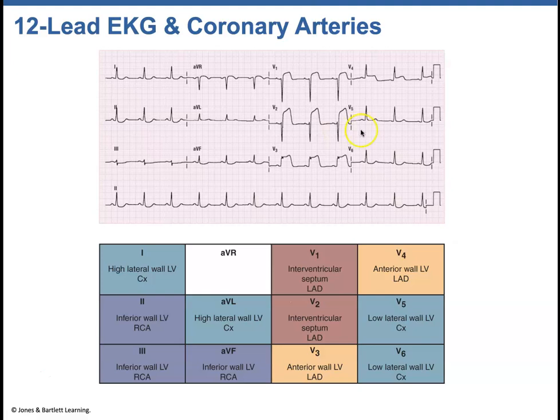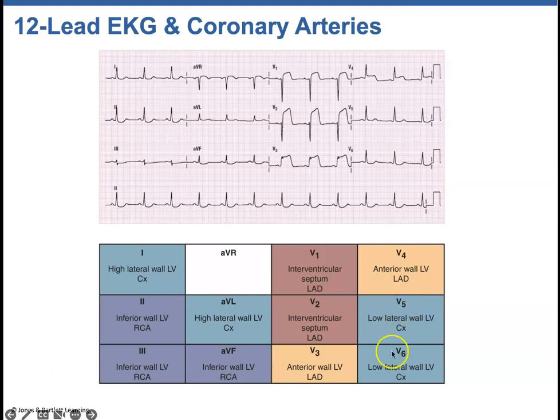And so what you see here is, where is it happening? So where you see this ST elevation, it's going to tell you, oh, it's in this part of the heart. So for example, the leads you'll see are colored very similarly based on the areas that they're looking at for the heart. So lead 1 and AVL tell you about the high lateral wall of the left ventricle, which includes the circumflex artery, and also the AVL is that high lateral wall of the left ventricle.